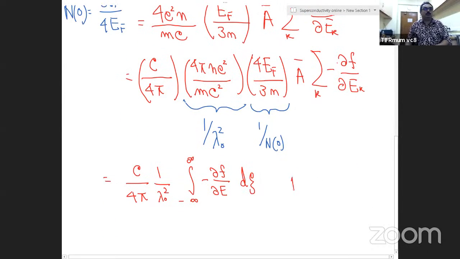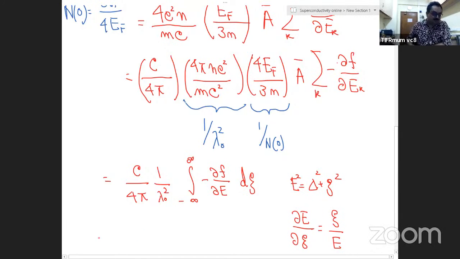You know that E squared is delta squared plus xi squared, and therefore you can trivially show that del E del xi is xi by E. This is trivial, so I will not do it. You can do it yourself.